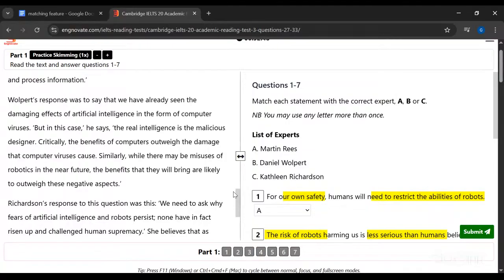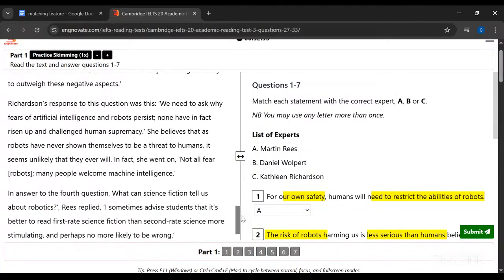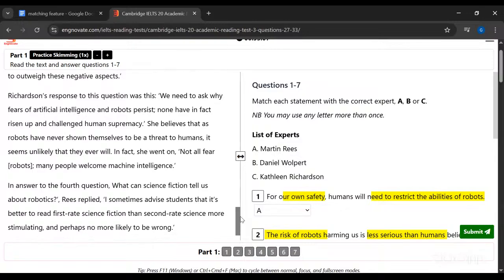Can you show the next paragraph? Doesn't the last paragraph go with statement number 6?